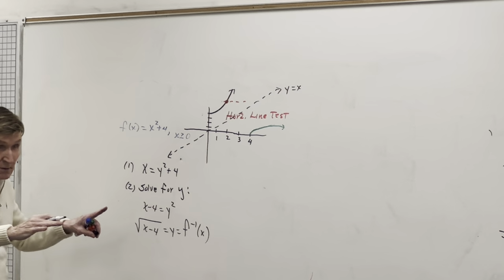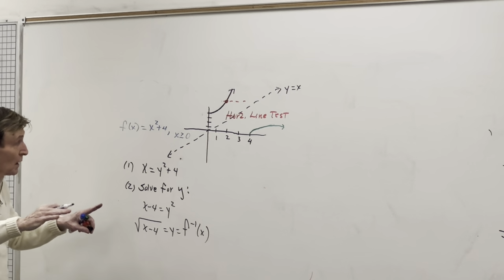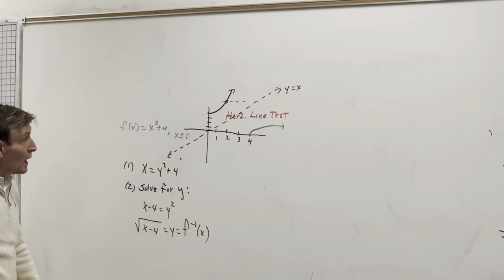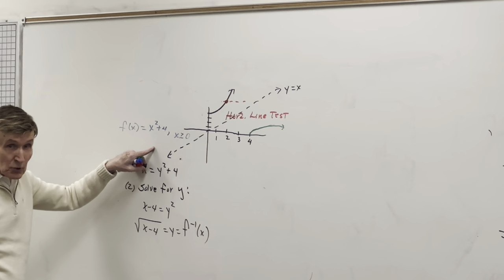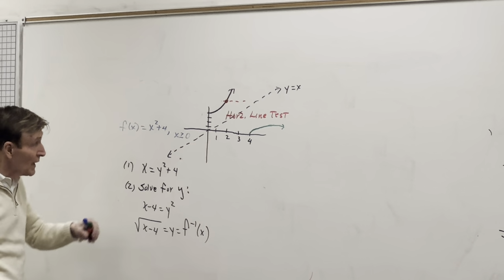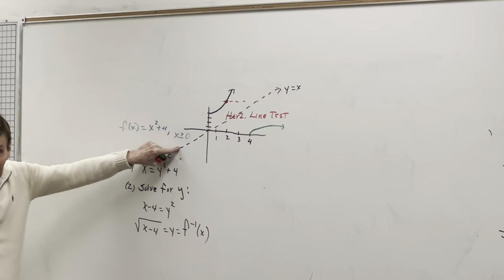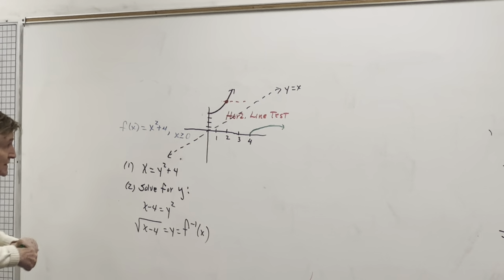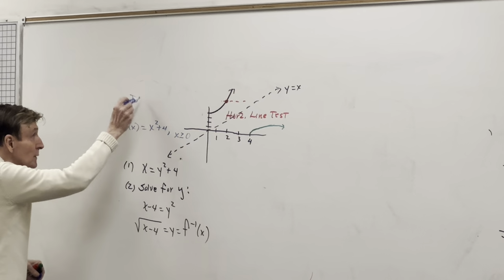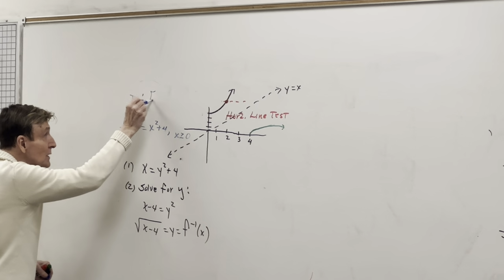Now, here we go. Let's go back to the blue. Here's the original function. The domain on the original function, I gave you the domain. This is a set of x's. So the domain on the blue is 0 through infinity.